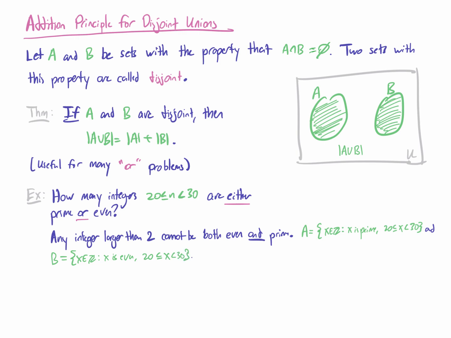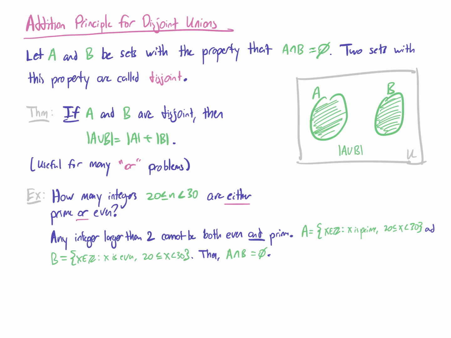Here, the way I'm going to use my observation that any integer larger than 2 can't be both even and prime, what that says is that A and B are disjoint. There is no integer that is greater than or equal to 20 and both prime and even.